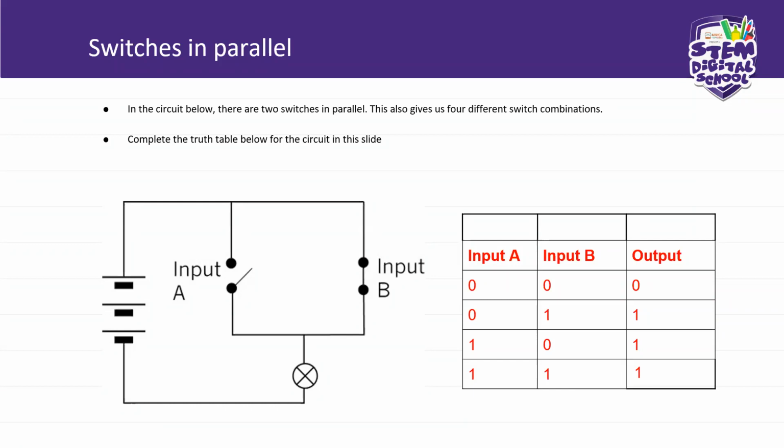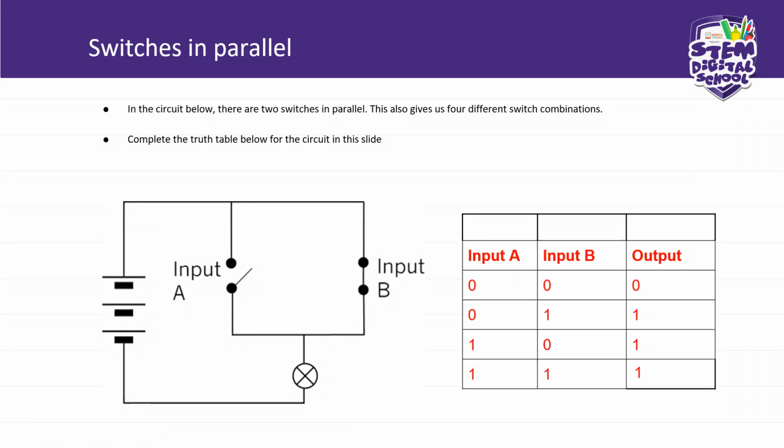Now, there is this saying that current will follow the easiest route in the circuit. Okay? The current will flow in this direction because it is not obstructed and come to the output.